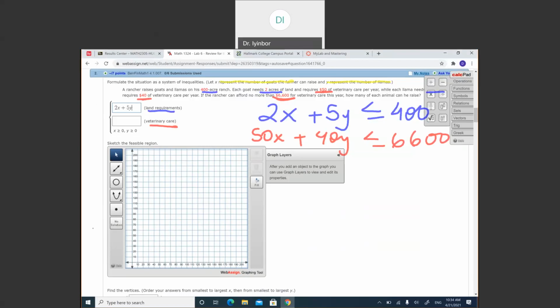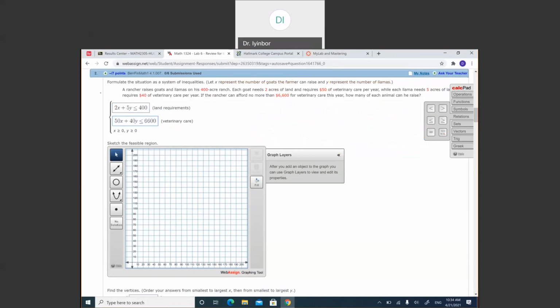Now for less or equal, you're going to go to relations and use the symbol less or equal, 400. And then the other inequality is going to be 50x plus 40y. Again, you're going to go to relations, less or equal, 6,600. So that's what you have, and then we have to graph those two inequalities here.